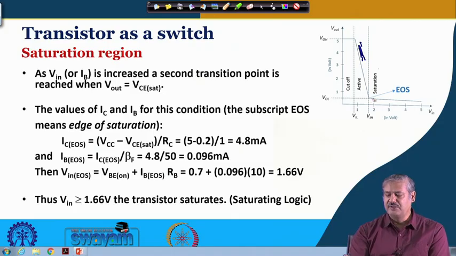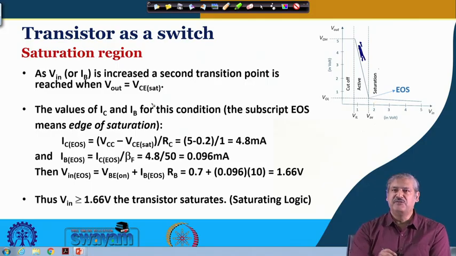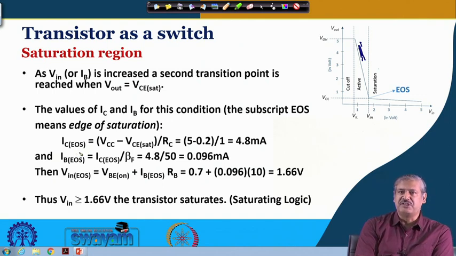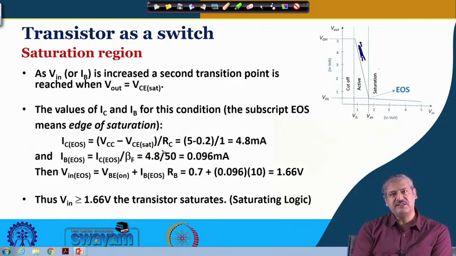So, at that time, when it is at the edge of saturation, V out is VC sat. The current IC, which we define with a suffix edge of saturation, is VCC minus VC sat divided by RC.